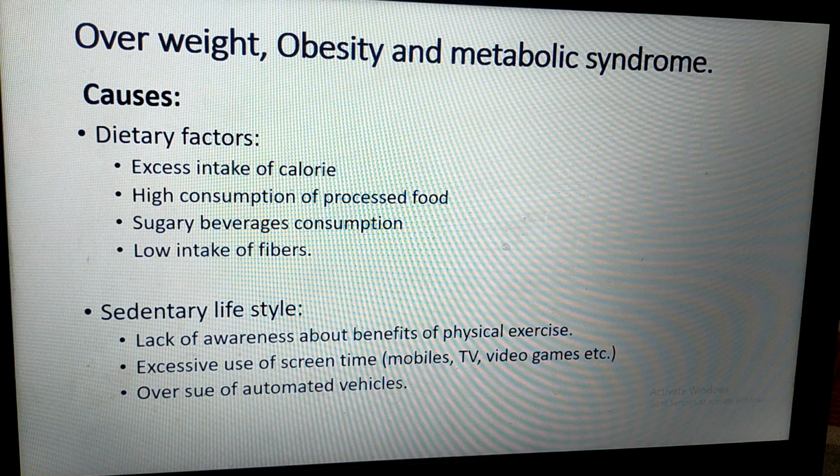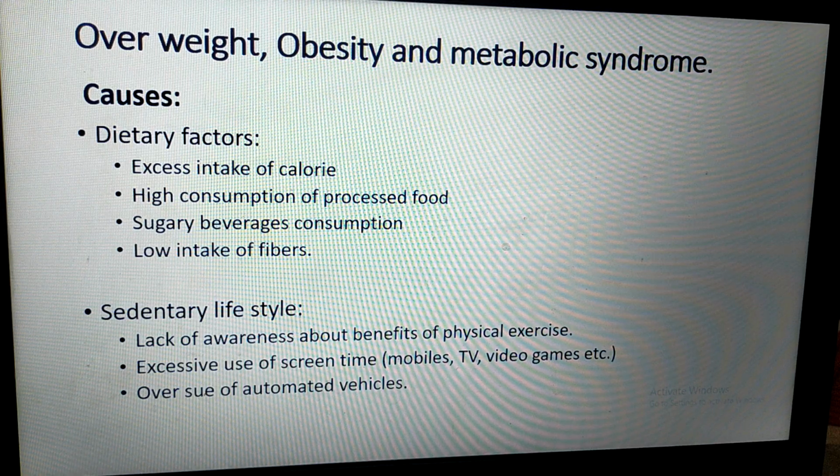Second, excessive use of screen time, like mobiles, TV, video games, therefore their physical activity decreases. Overuse of automated vehicles. Automated vehicles may be any two-wheeler or four-wheeler, which can be operated on their own. Therefore, they are called automated vehicles.